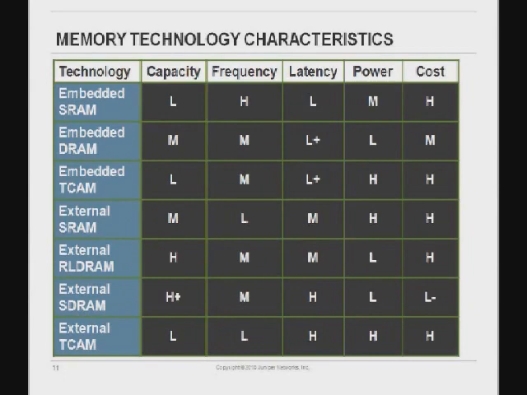But they are smaller in capacity, and for the same size, they will be more expensive than the external counterparts. But of course, they are smaller. If you just want a smaller size, they could be less cost to design if all your requirements can be satisfied with on-chip memories. And the external memories are, of course, the exact opposite of the on-chip ones. They are higher capacity, but they have lower performance, higher latency, and more power.